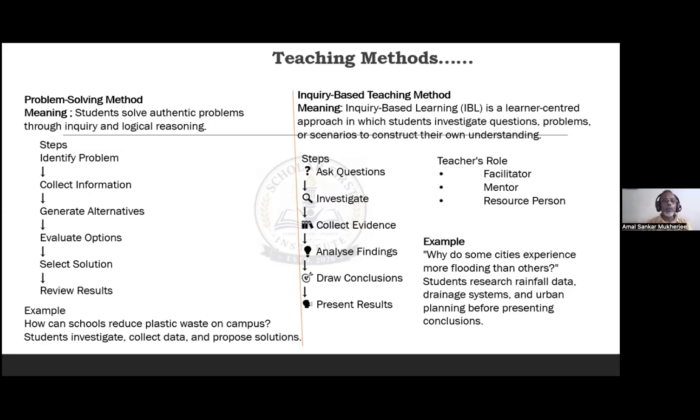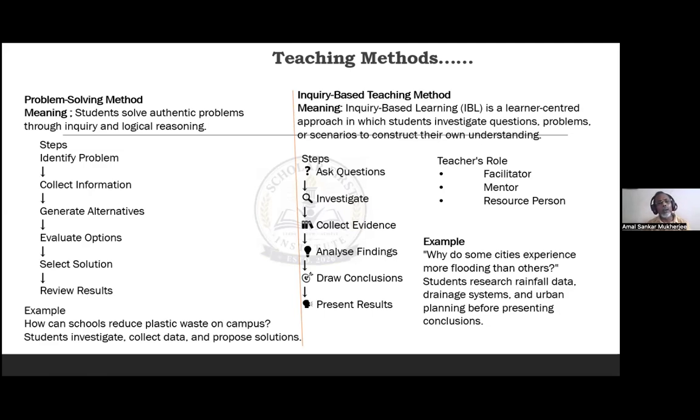In the problem solving method, students solve authentic problems through inquiry and logical reasoning. What are the steps? First, identify the problem, then collect information, then generate alternatives, evaluate options, then select a solution, and after that, review the result.